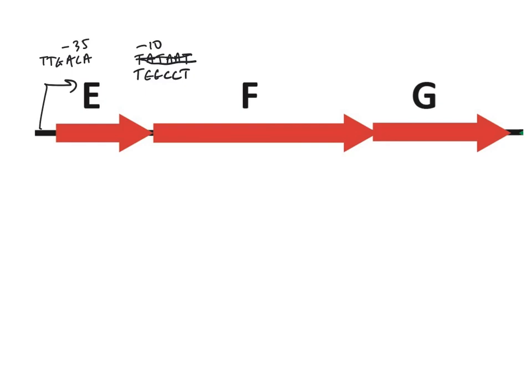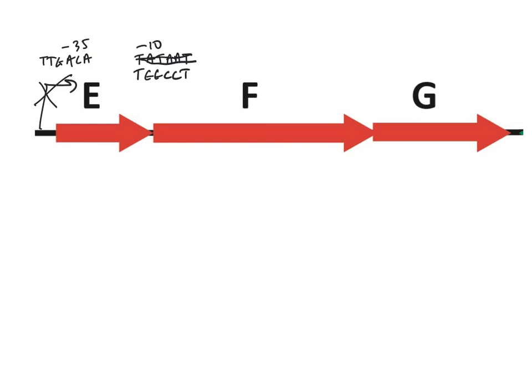So this is a very poor -10, almost certainly won't work as a promoter at all because it's no longer AT rich, it won't bind the sigma factor properly, and even if there was some binding, it basically wouldn't be able to unwind this section of DNA at that region. So with this mutation here, this promoter is not going to work.